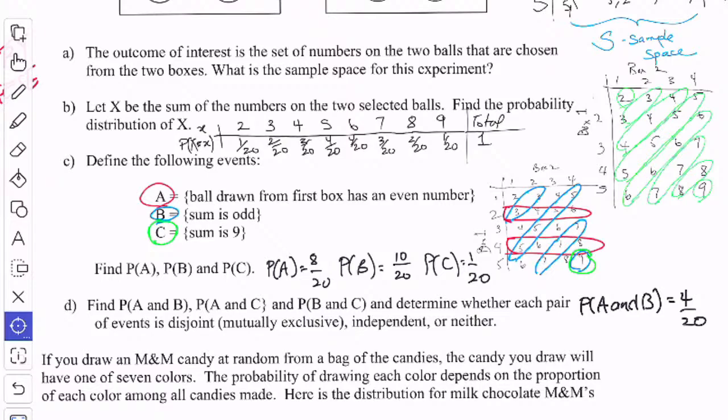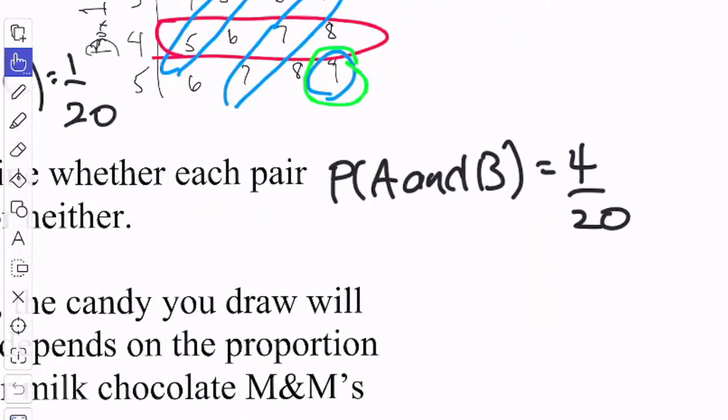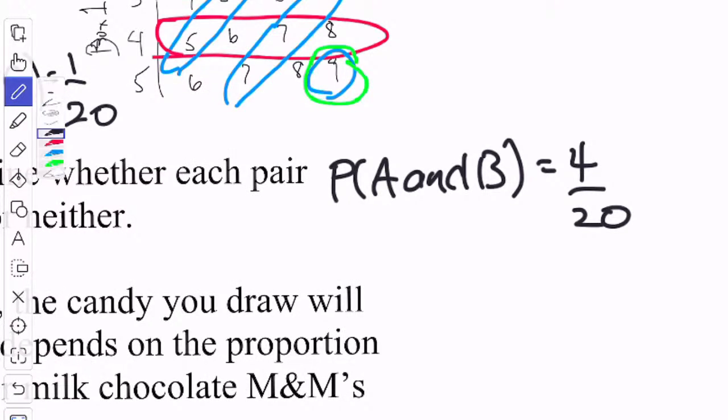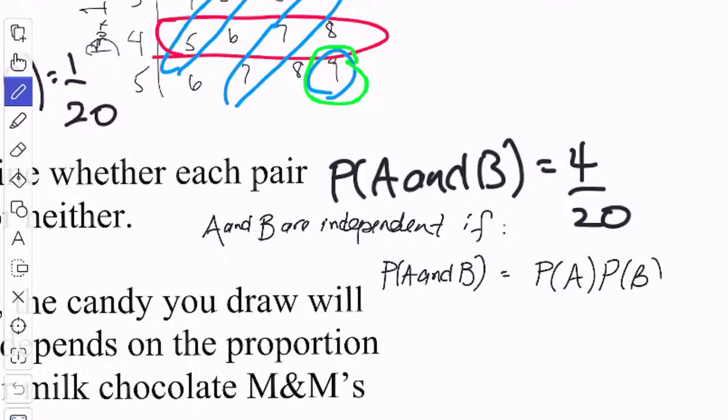So remember last class, let's do this on the side here. A and B are independent if the probability of A and B is exactly the same as the probability of A times the probability of B. Let's check.